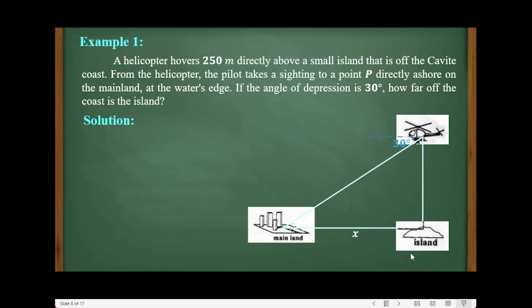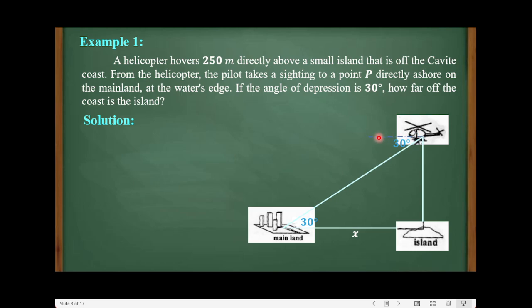So meaning to say, if this is your 30 degrees, it follows that the angle right here is also 30 degrees. Why?